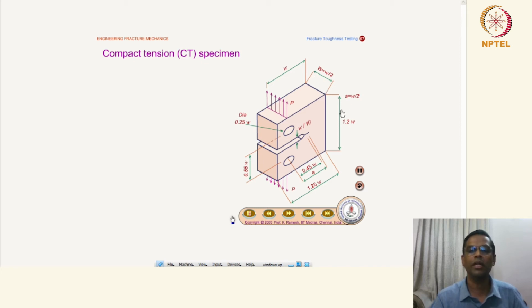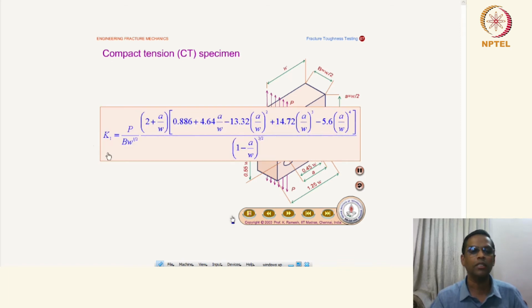values, or a by W values, are given here, and this is the typical expression to obtain the stress intensity factor as a function of a by W for this particular geometry.